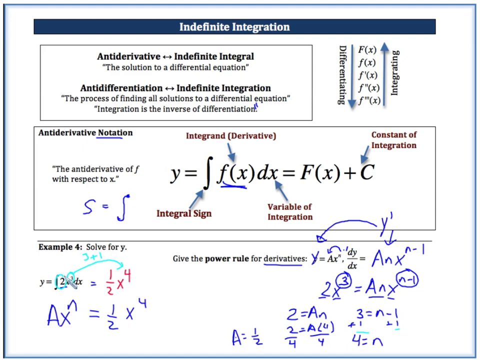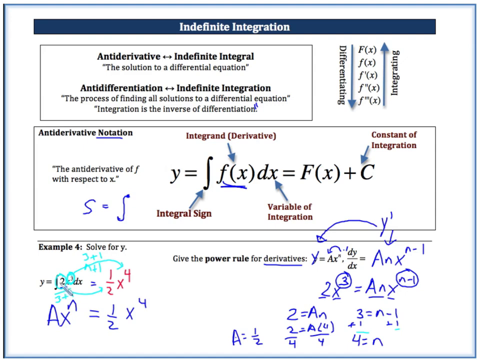Now that 2, how did I get it to be the 1/2? Well, it was right over here. I took 2 and I divided by the 4, which remember was the 3 plus 1. So this was really divided by the 3 plus 1. Okay. Now the 3, this is our n right here. So that's n plus 1.